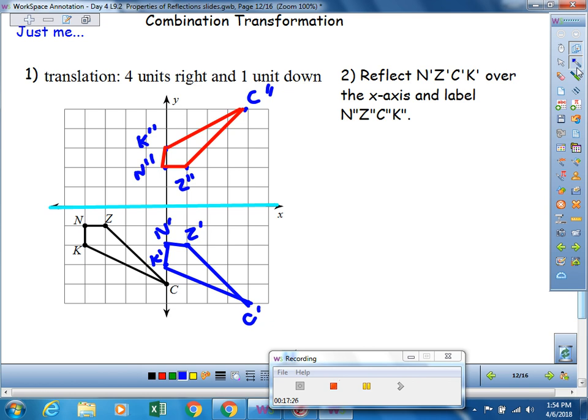So now I know this is first, second, third. You take one and do a transformation, and then you do another transformation. We can even do another transformation on top of that.